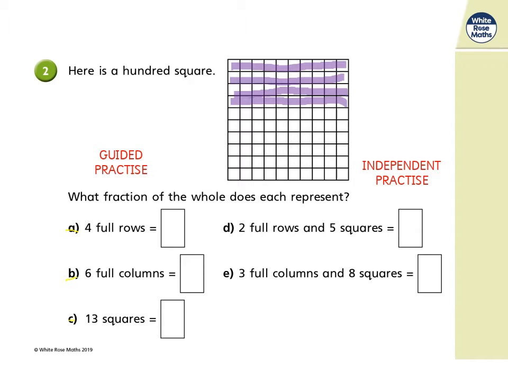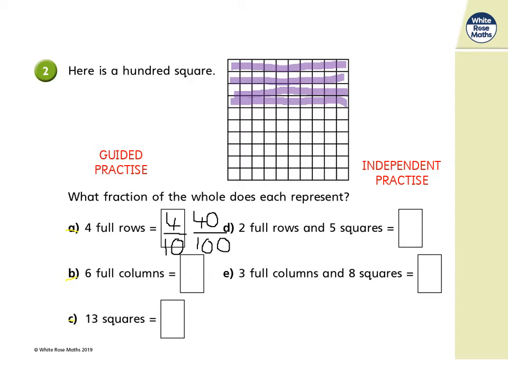I have 40 little squares shaded, but I also have 4 full rows. So I have 4 rows out of 10 rows, or I have 40 squares shaded out of 100 squares.